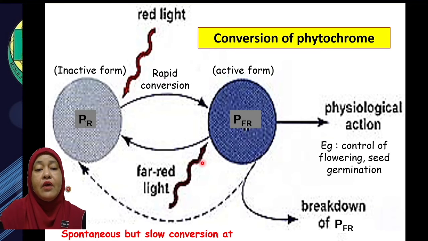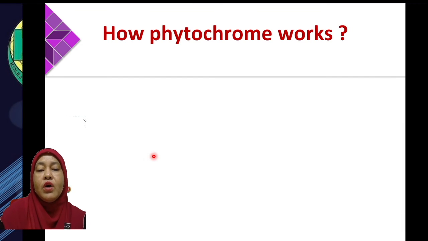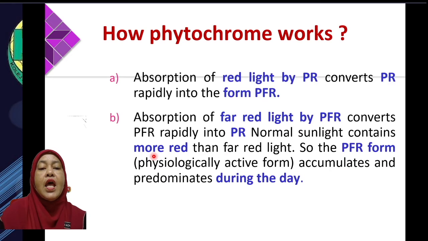This is how it works. In the conversion of phytochrome, PR absorbs red light and converts to PFR, and when PFR absorbs far red light, it converts to PR. Absorption of red light by PR converts PR rapidly into PFR.